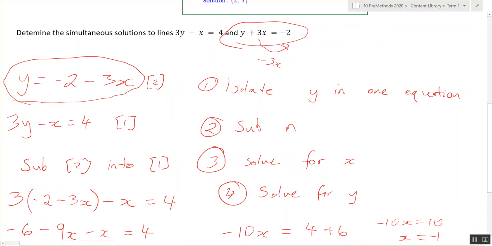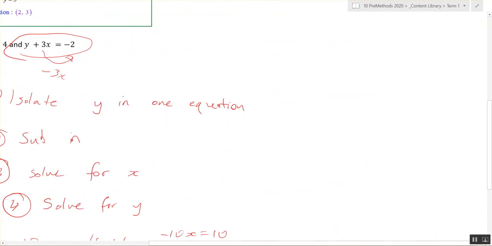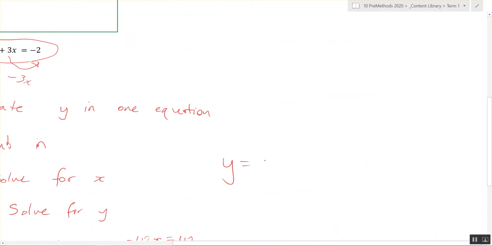Y equals -2 take 3x. So now instead of x, what am I going to put? -1. Do you see what I did there? I subbed in x equals -1. So y equals -2 plus 3. What's that?